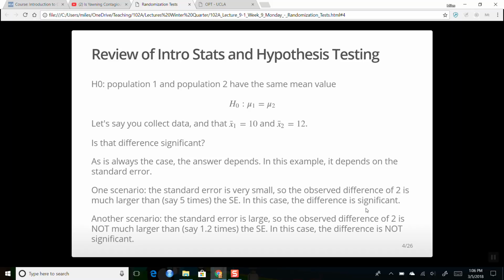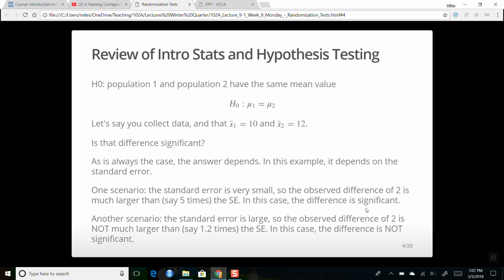Let's say we've got population 1 and population 2, and we might say the null hypothesis is that they have the same mean value. So it could be something like population 1 is California and population 2 is Texas. And somebody says, you know what, I think in Texas, the students have better reading scores than the students in California.